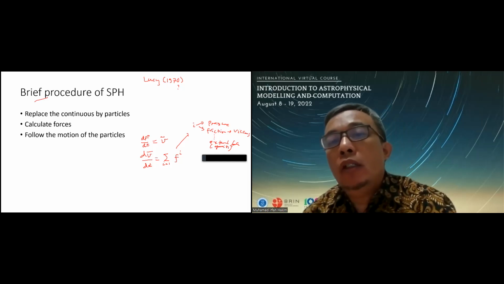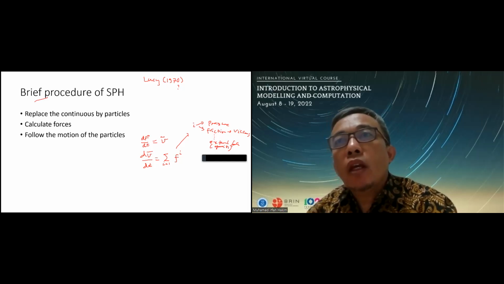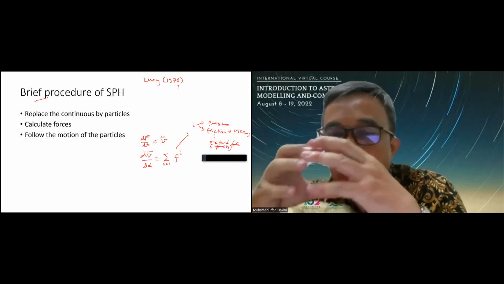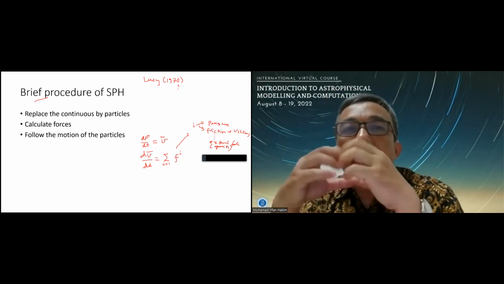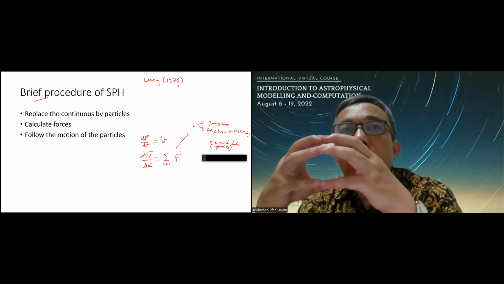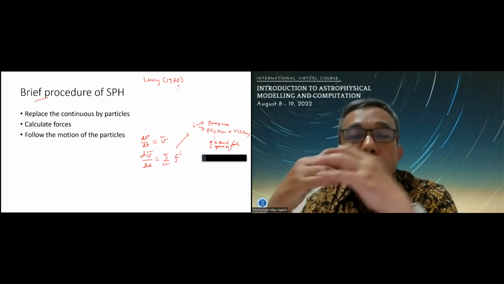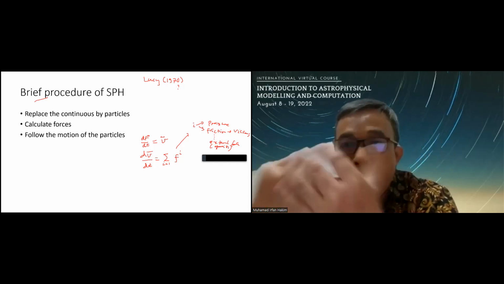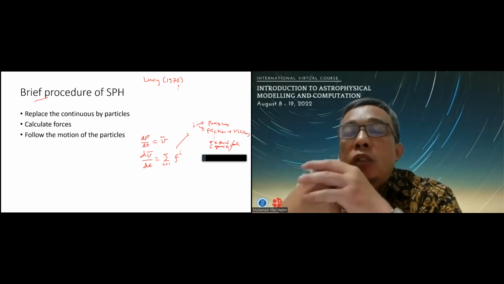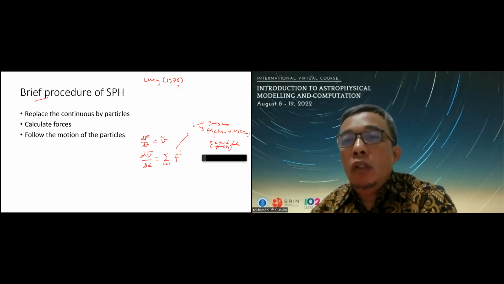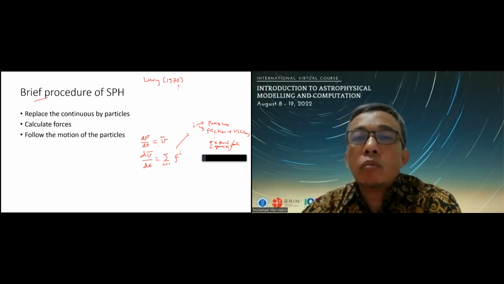The pressure here need not only be related to the pressure inside the environment, but also may come from the surface of the environment. So this would be very complicated.